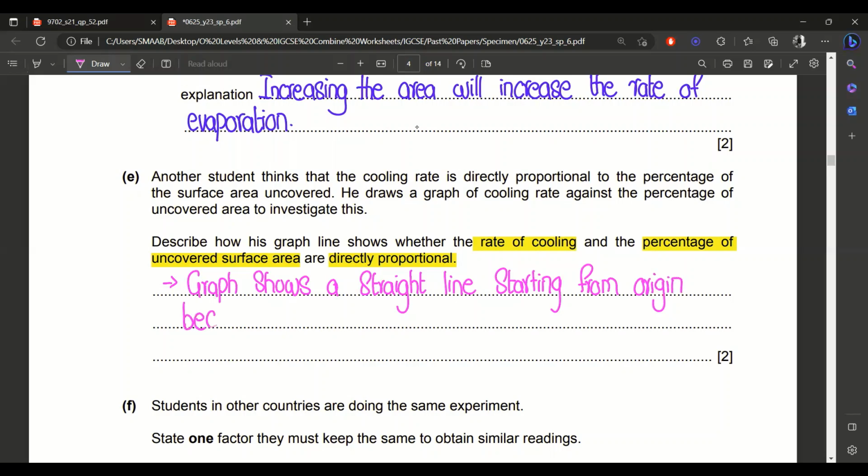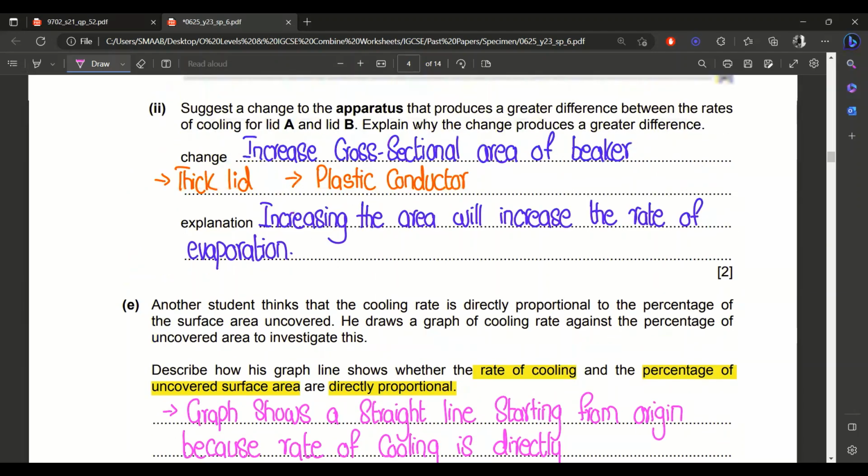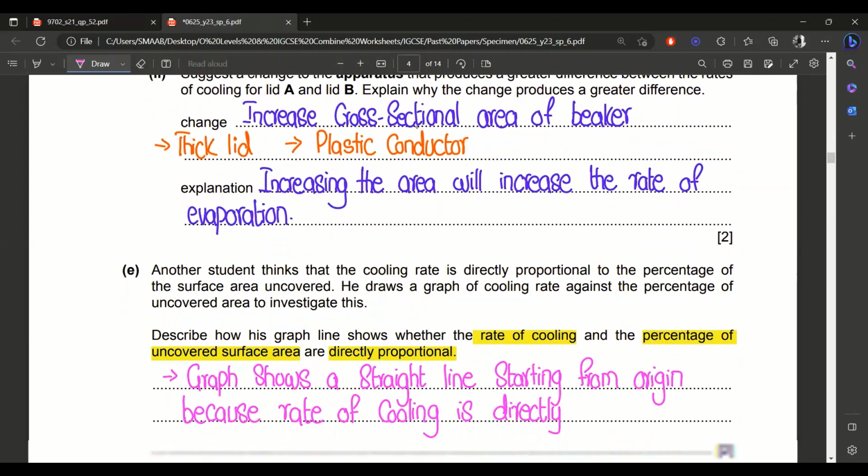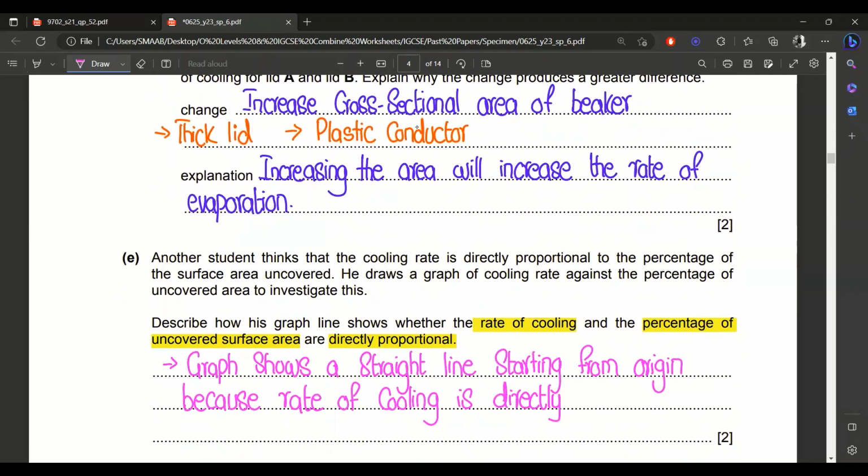because the rate of cooling is directly proportional to the percentage of uncovered surface area. And if you notice one more thing, before solving part 2 of the previous section, that is D, if you try to solve part E, that will also give you a hint for the previous question, right?